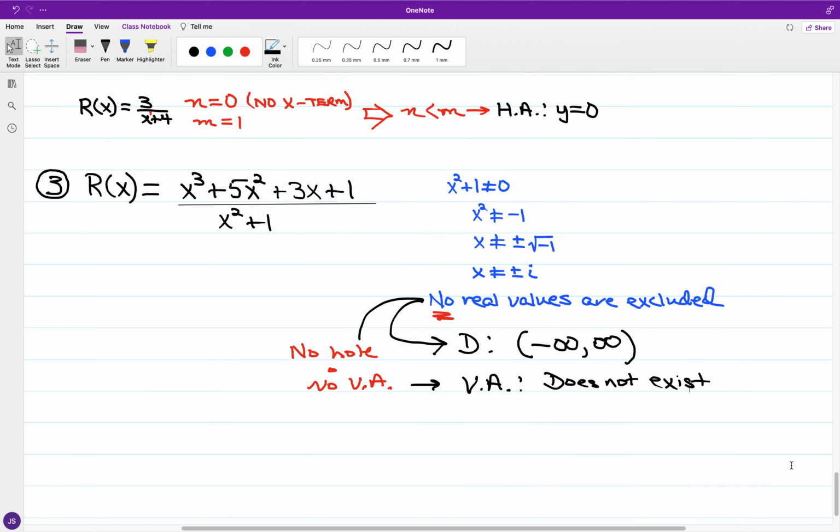Now, with no hole and no vertical asymptote, that is not to say that we don't have any type of asymptote.